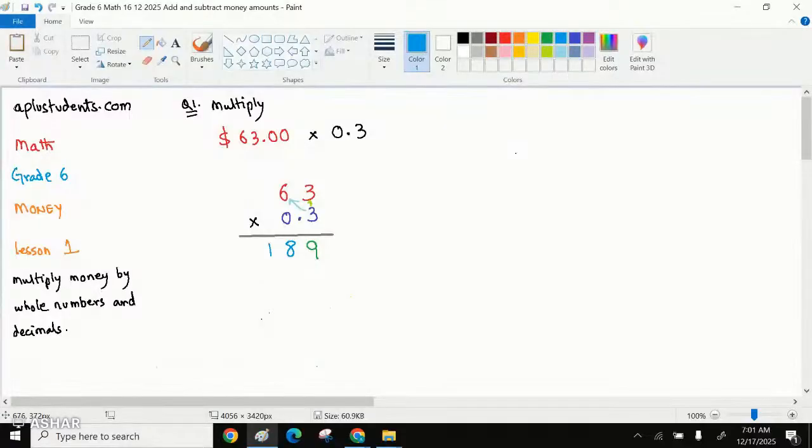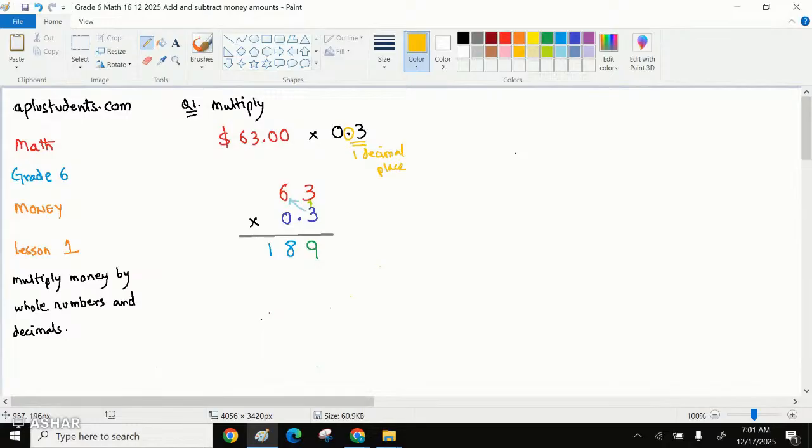Okay. What we need to see over here is how many numbers were after the decimal. So we can say there is one decimal place. So we need to add one decimal place to the answer.